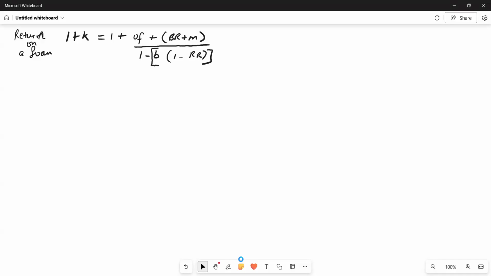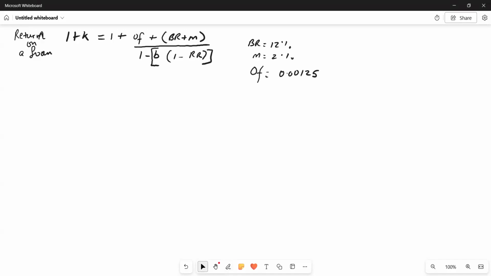All right. So I'm gonna just write this up here. So your base rate equals 12%. Your M, or your risk premium, is 2%. All right. It charges a loan origination fee of 1/8%. So the origination fee is 1/8%, or 0.00125.